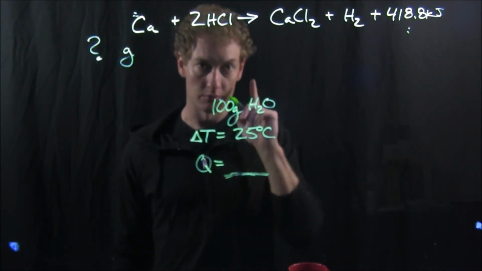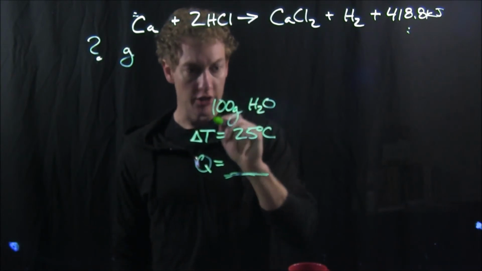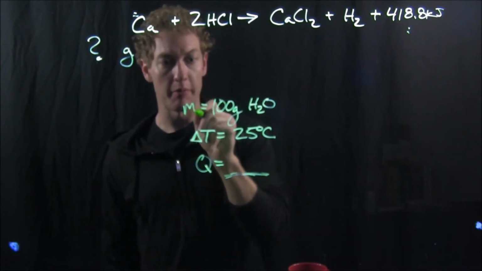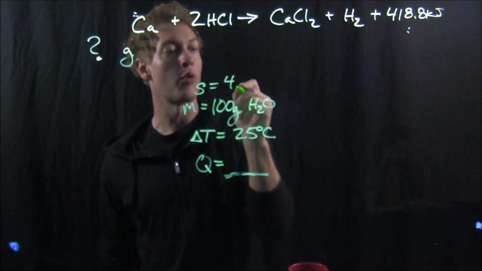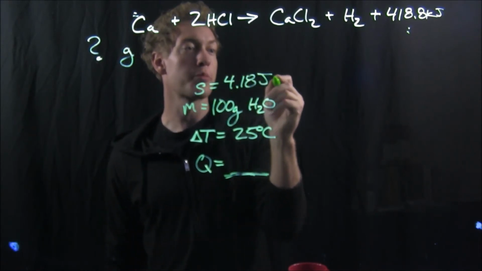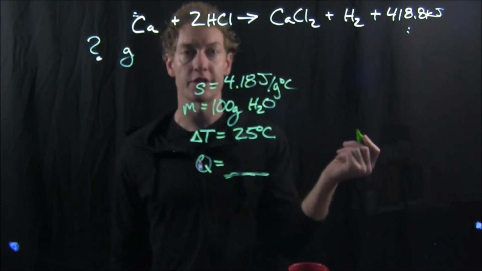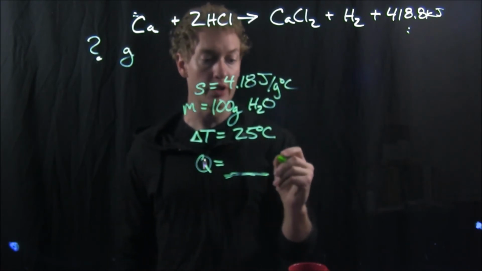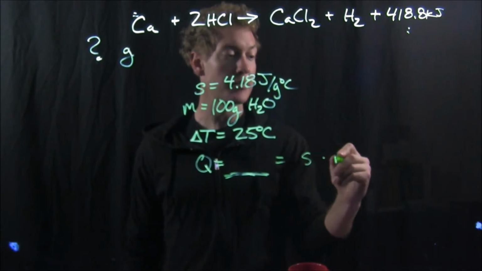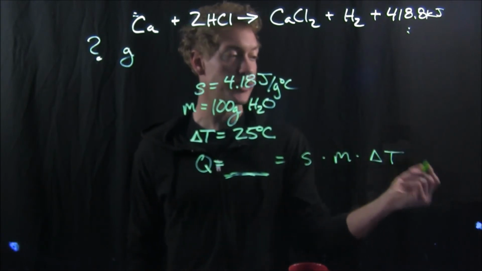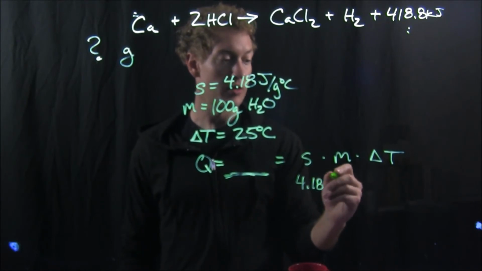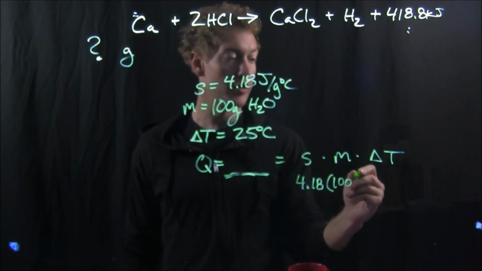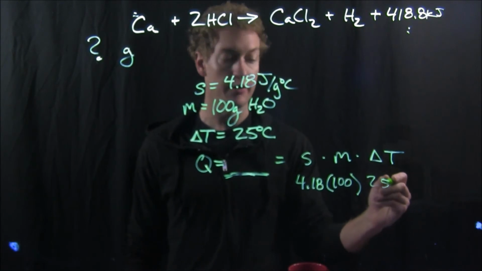All right. So I know change in temp, I know mass, and I know the specific heat of water. It's 4.18 joules per gram degree Celsius. All right, and Q equals S times M times delta T. 4.18 times 100 times 25.